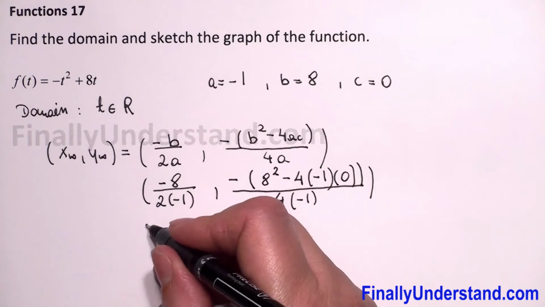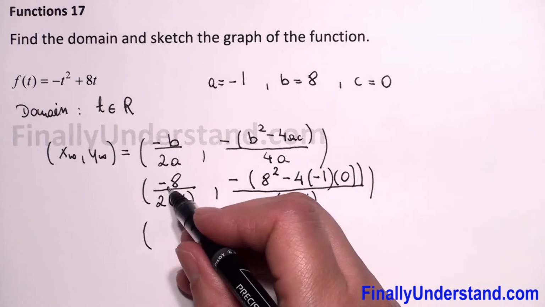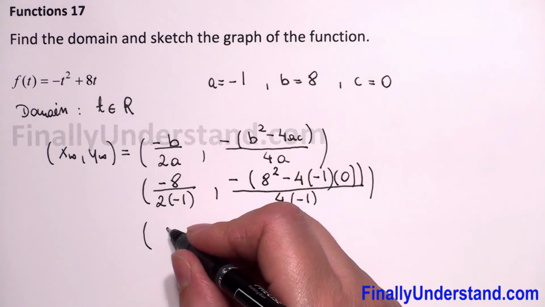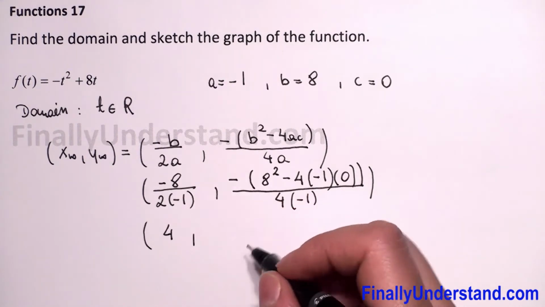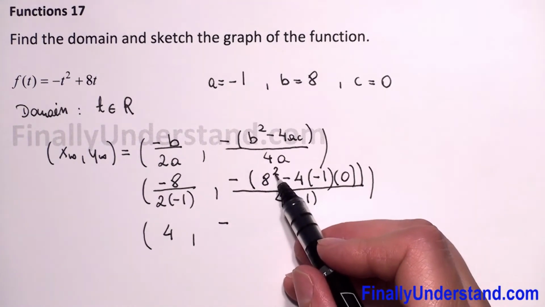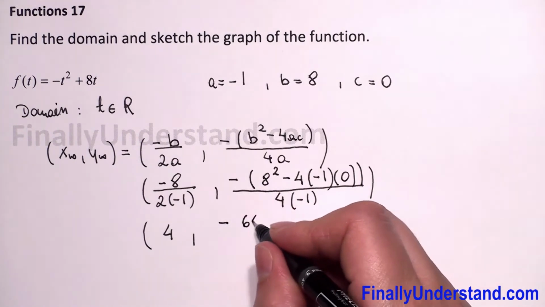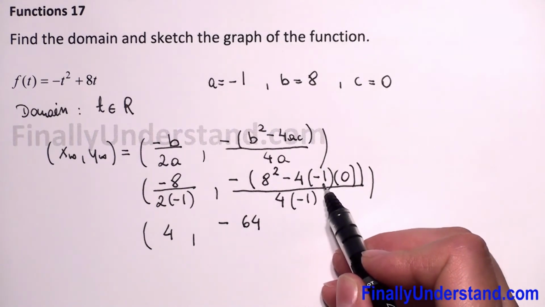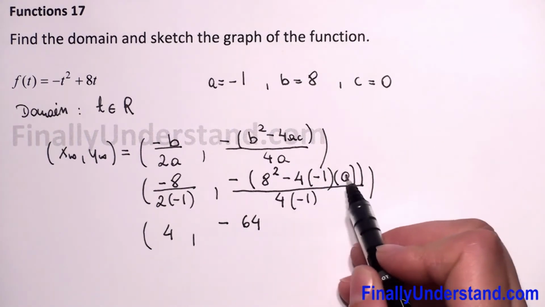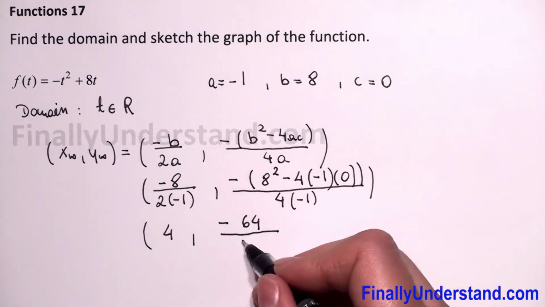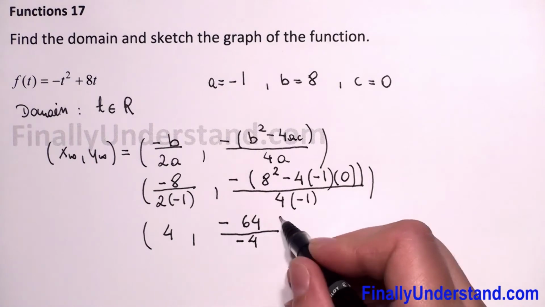So this is equal negative 8 over negative 2 will be 4. I will copy negative sign, and we have 8 to second power is 64. We have here 4 times negative 1 times 0, so it will be 0, over 4 times negative 1 is negative 4.